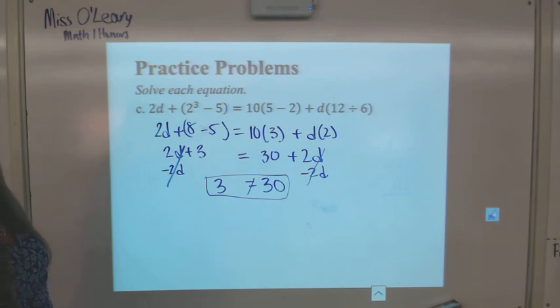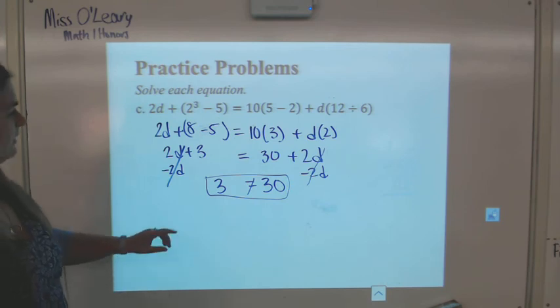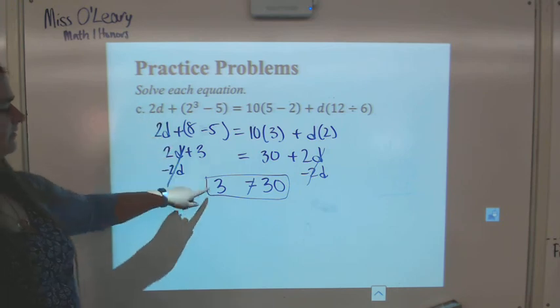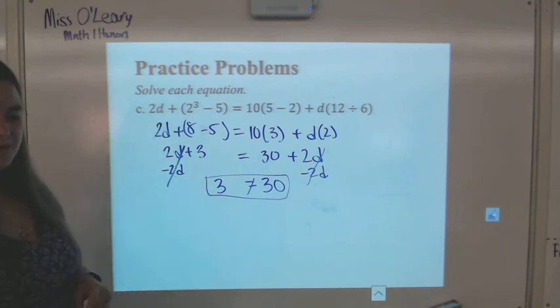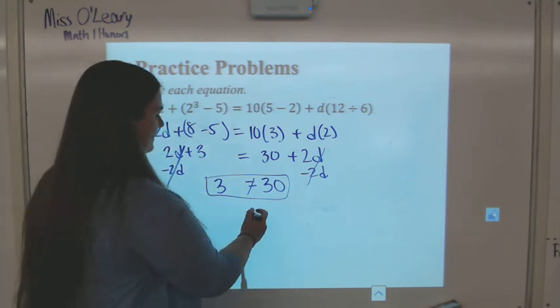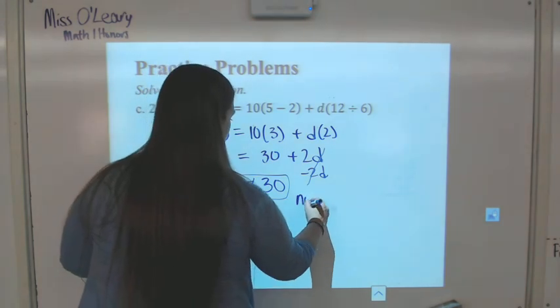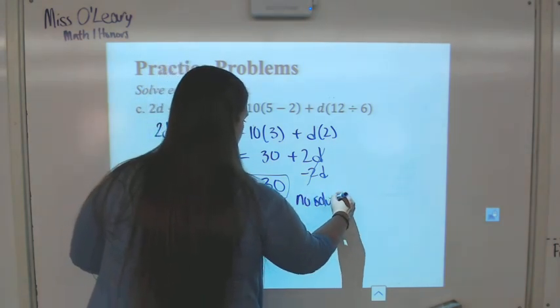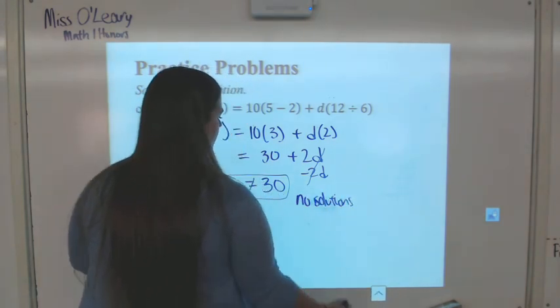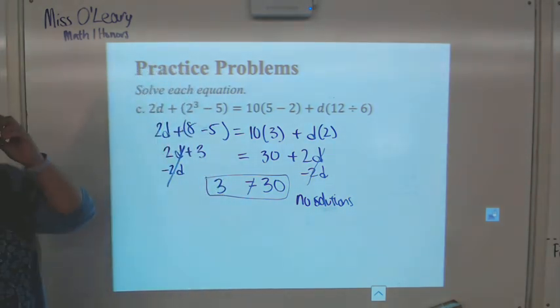There are no values that would make this a true statement. No matter what I put in for D, 3 is not going to equal 30. So I can say that there are no solutions. No real values for D will make 3 turn into 30.